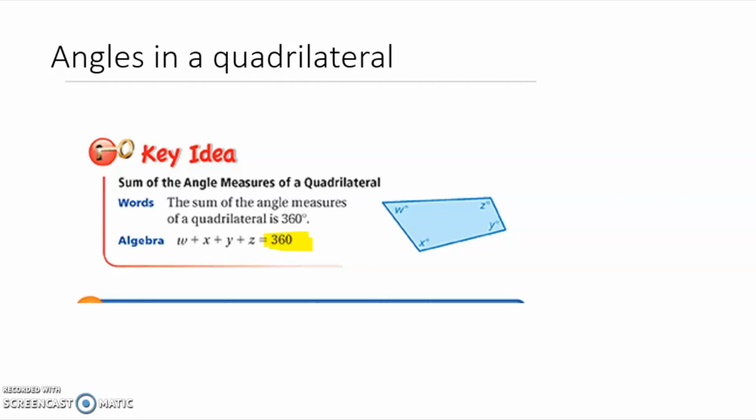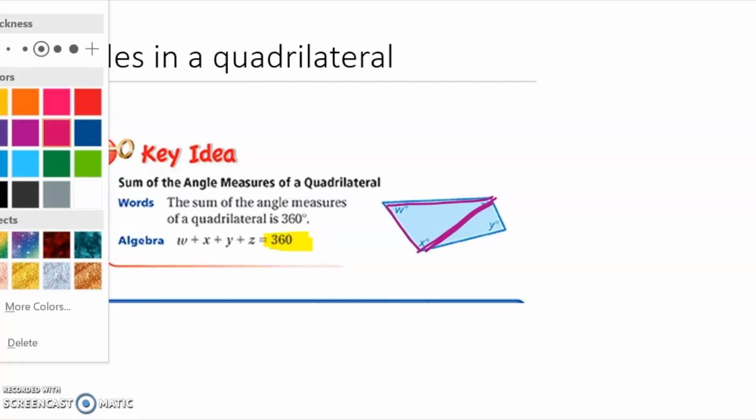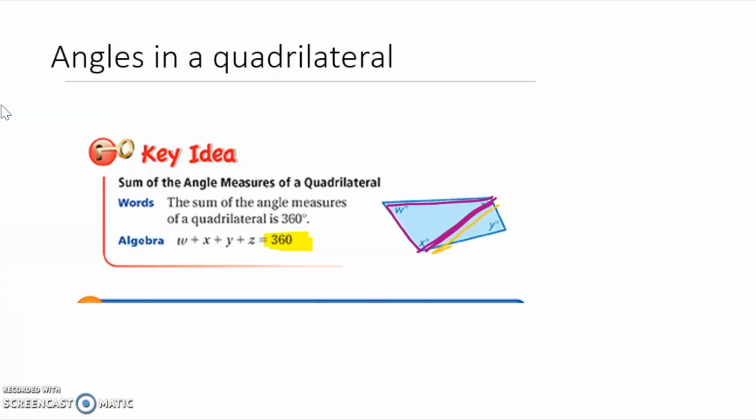And if you think about that, that actually makes sense, because if I were to draw a line straight across from corner to corner here, that's called a diagonal, you can see that I've got two triangles. I've got a triangle on the top and I've got a triangle on the bottom here.